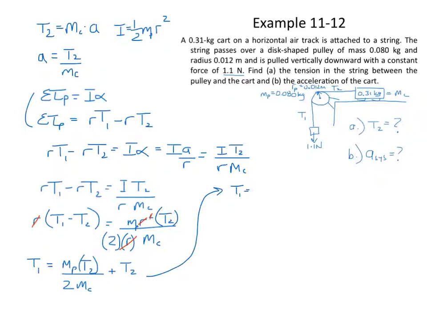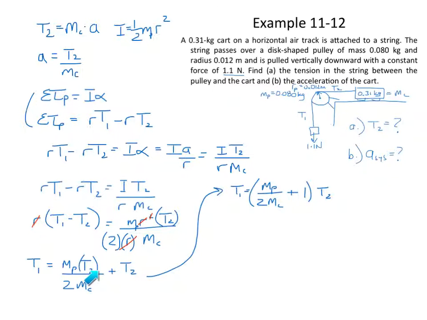T1 equals mass of the pulley divided by 2 MC, mass of the cart, plus 1, times T2. Why plus 1? Because we factored out that T2. So this T2 came out, and so did that one right there.